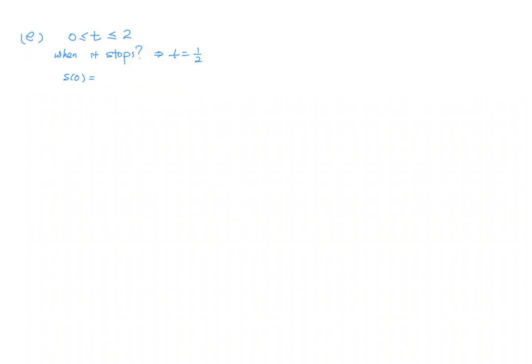Okay. What is s(1/2)? 1/2 minus ln 2. So this is the exact value, correct? This is the exact value. So when you do it, you have to give the exact value.